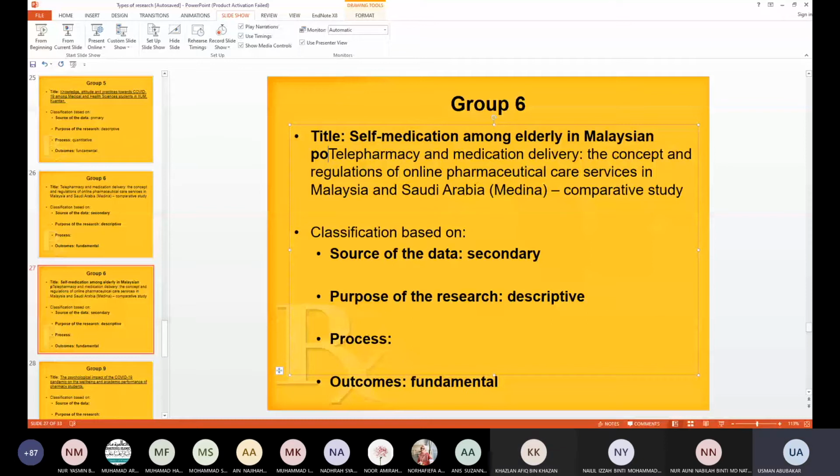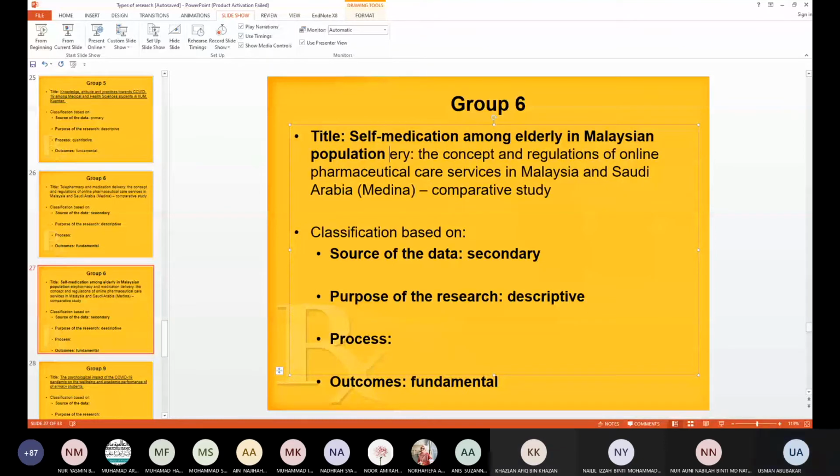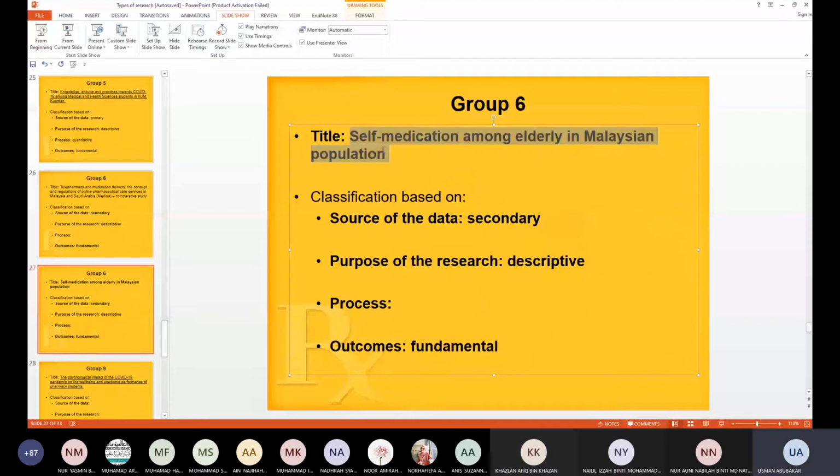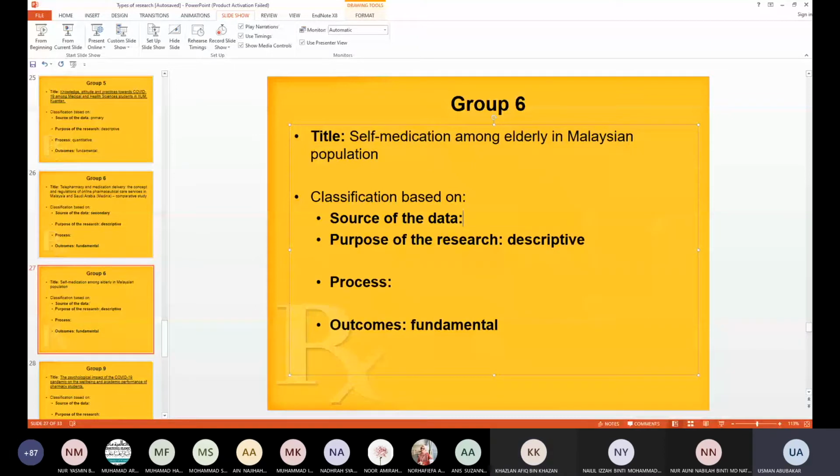Can you classify it? Is this primary or secondary data? Primary. Why do you think it's primary? Because we take the data solely from the respondents.